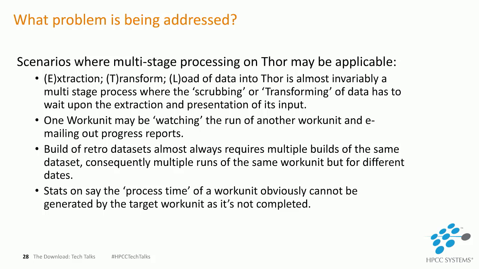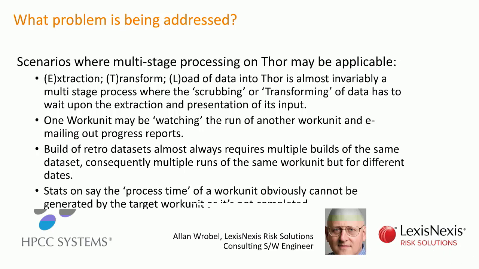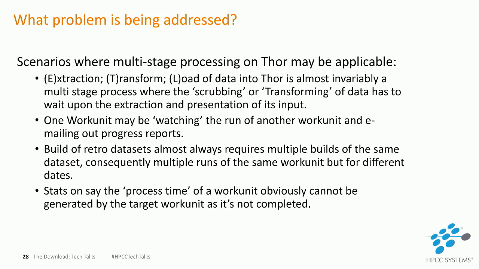I found a rather silly example, which I had to do: my boss wanted the process time in the work unit. And of course the work unit itself can't generate a report on its own process time, so I had to use a daisy chain of work units in that case. But there are many more reasons why you need multiple work units.